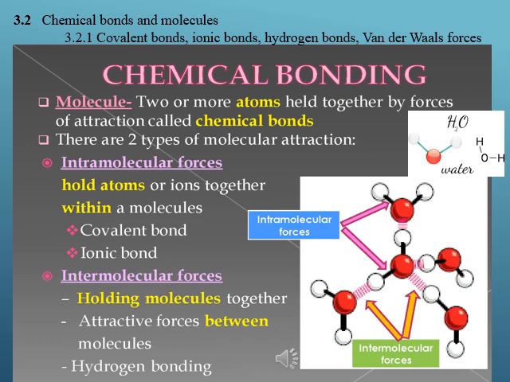Okay, one water molecule consists of 2 types of atoms, which are hydrogen and oxygen. In this one molecule of water, there are 3 atoms held together, which has 1 oxygen atom and 2 hydrogen atoms.